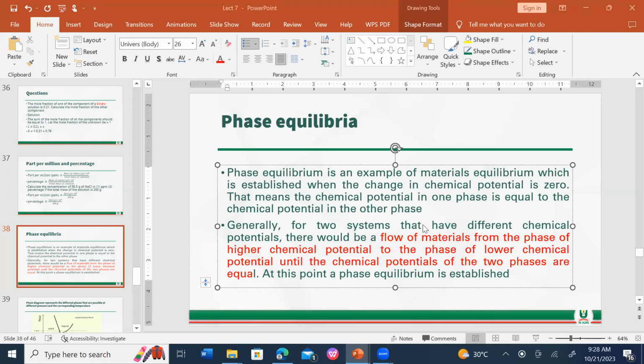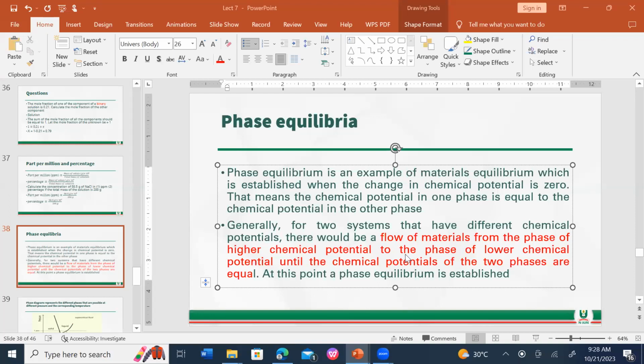Generally, for two systems that have different chemical potential, there will be a flow of materials from the phase of higher chemical potential to the phase of lower chemical potential, until the chemical potential of the two phases are equal. At this point, a phase equilibrium is established. So one condition that you need to know is that the chemical potential of one phase must be equal to the chemical potential of the other phase.